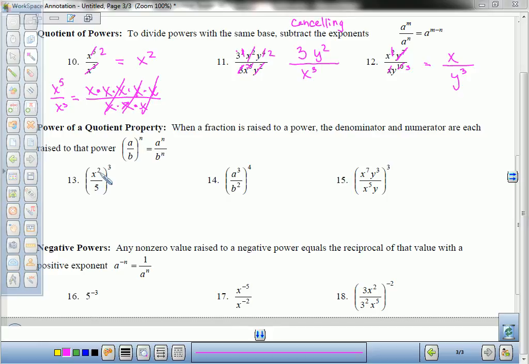So 2 squared, x squared is cubed and makes x to the what power? 6. Power to a power, you multiply. And then in the denominator, the 5 also is cubed. Do you remember what 5 cubed is? 125. So it's x to the 6th over 125.